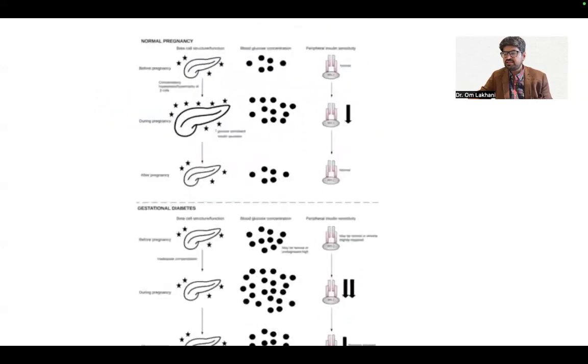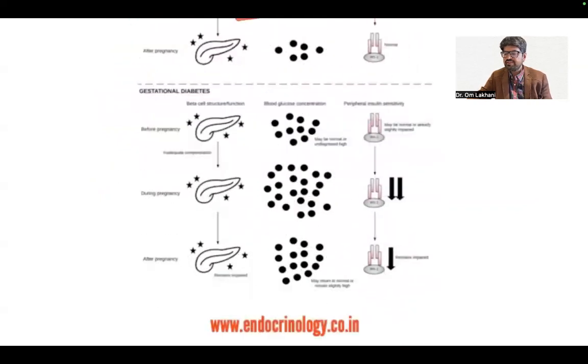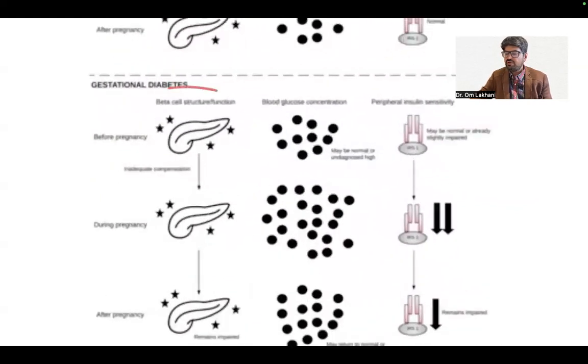This is explained in this cartoon very beautifully. So as you can see, in a normal pregnancy, before pregnancy, there is a compensatory increase of beta cell. During pregnancy, there is increased glucose production and at the same time increased insulin resistance. And after pregnancy, things come back to normal. But in women with gestational diabetes, there is poor beta cell function to begin with, right?